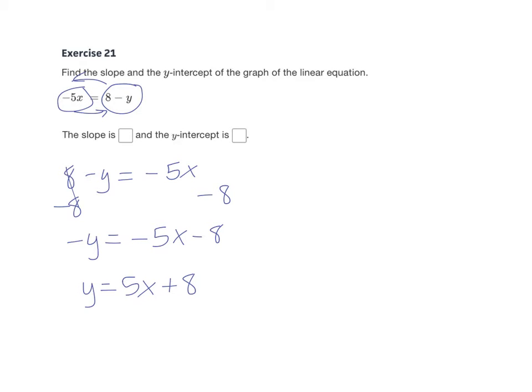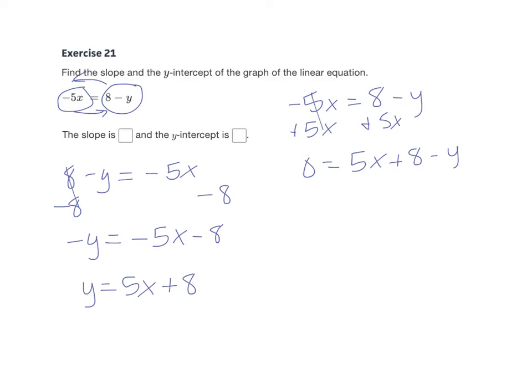The other way you can do this, let me just write it out the way it sits. The other way is to just move everything around. So let's say I add 5x to both sides. That would give me nothing is equal to 8. Actually, I'm going to put that in front. Nothing is equal to 5x plus 8 minus y.